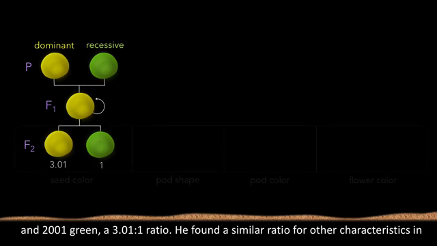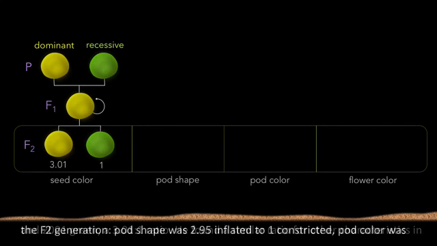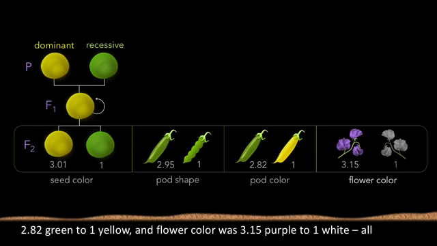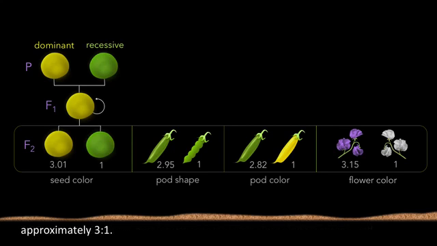He found a similar ratio for the other characteristics in the F2 generation. Pod shape was 2.95 inflated to 1 constricted, pod color was 2.82 green to 1 yellow, and flower color was 3.15 purple to 1 white. All approximately 3 to 1.